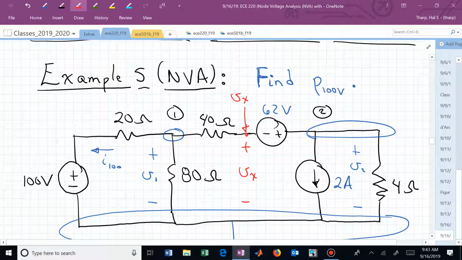Then it would be V1 minus V sub x divided by 40. And we know how to find V sub x relative to the voltage source and our node voltages. I'm just going to do a KVL eventually to find V sub x.